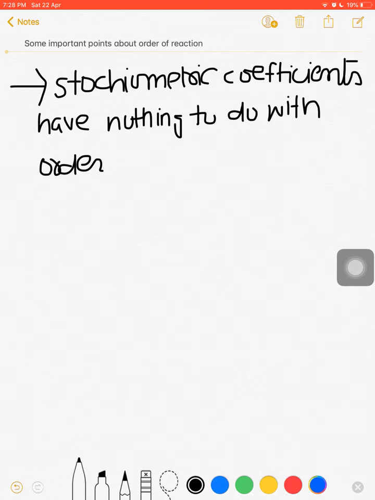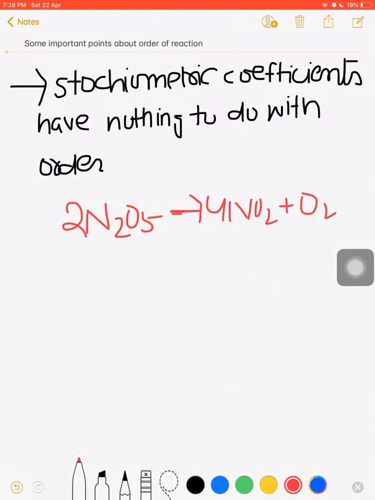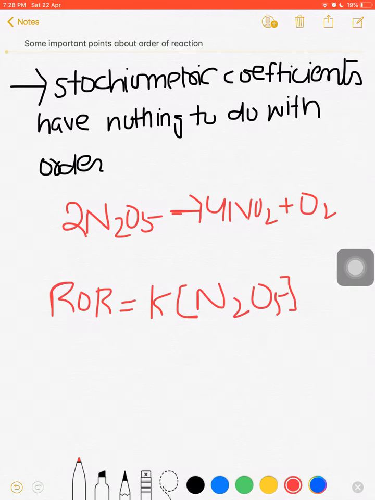For example, we have a reaction in which 2N2O5 decomposes into 4NO2 plus O2. The rate of reaction will be K[N2O5]^1.